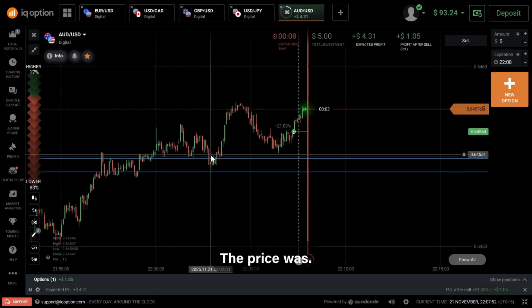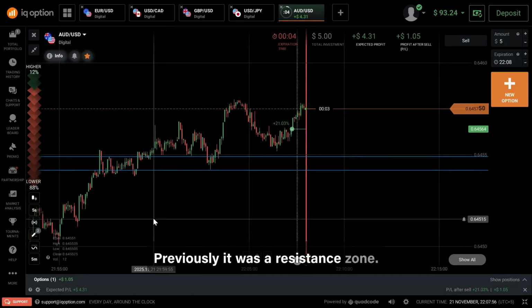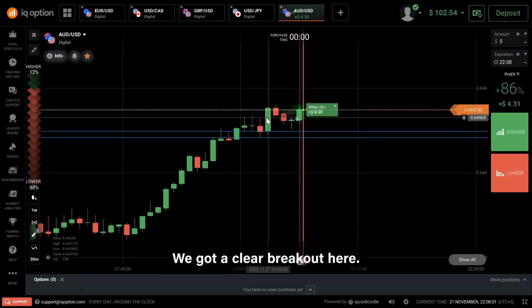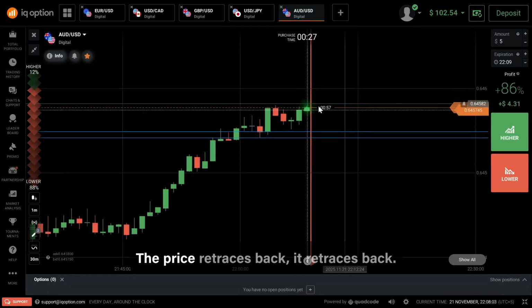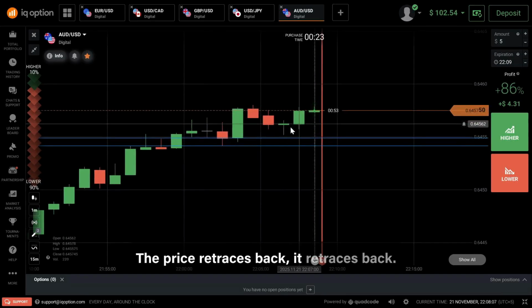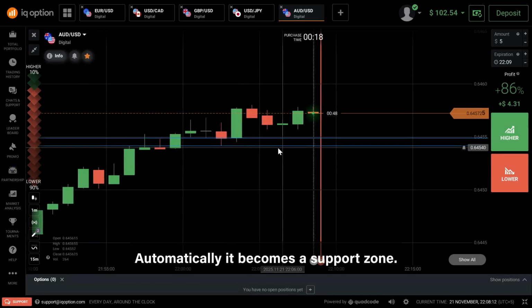This was previously a resistance zone. We got a clear breakout here. The price retraces back, and this zone automatically becomes a support zone.